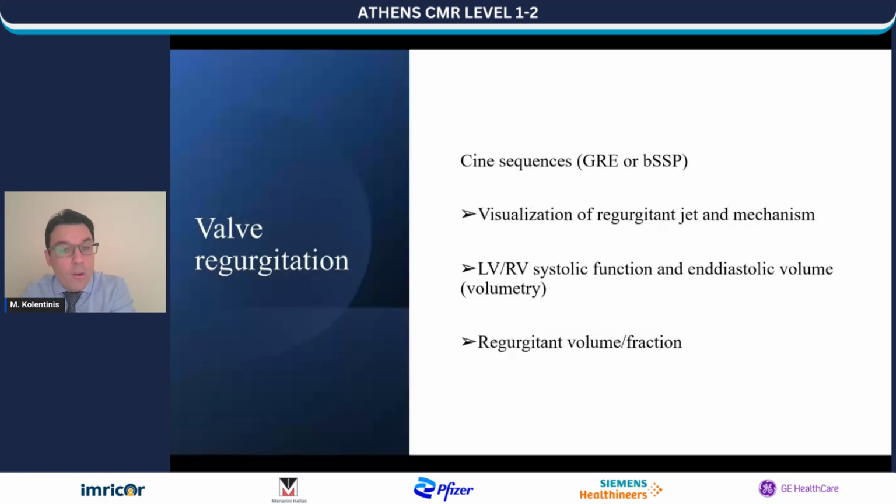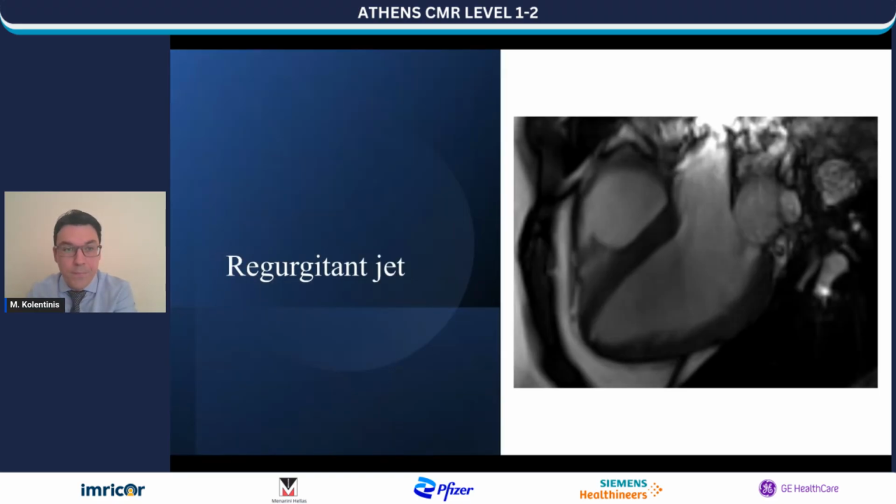We calculate through volumetry LV and RV systolic function and volume, and through this the regurgitant fraction and volume, which are actually the two parameters that we use in order to calculate the severity and decide for further action.